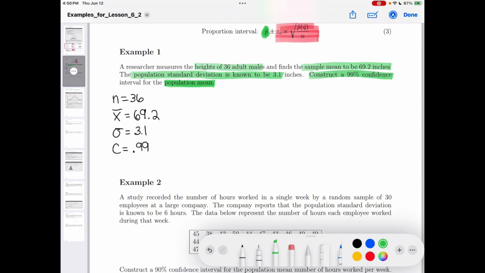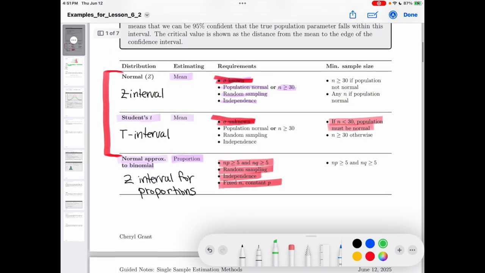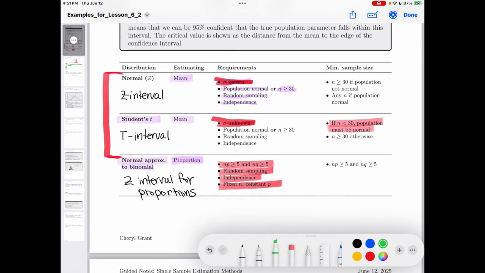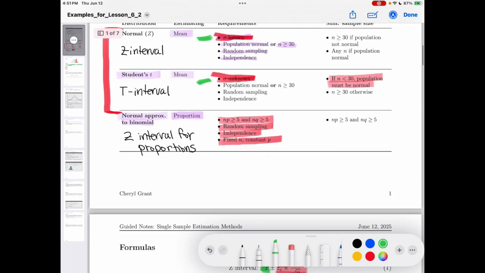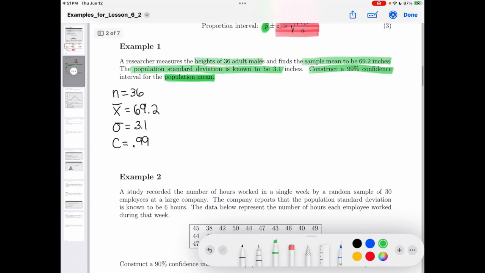The major difference, if we go back up to the table, that we talked about between these two is whether you know the population standard deviation or you don't know the population standard deviation. So, because in this case, we do know what the population standard deviation is, we're going to use a z interval.